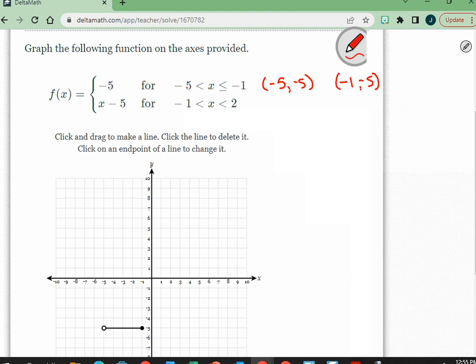Same thing, find your endpoints here: -1, -6, 2, -4. Does that make sense, how you actually do the graphing on Delta Math? I just want to make sure you guys are not randomly clicking everywhere and not knowing how to draw a line.